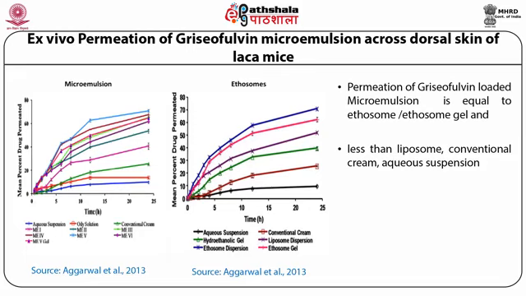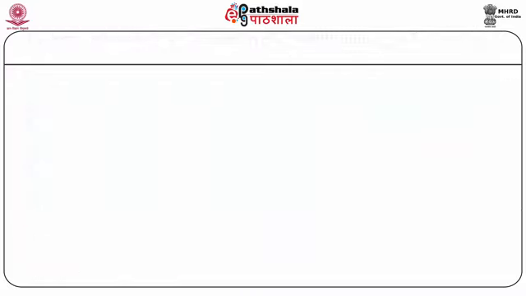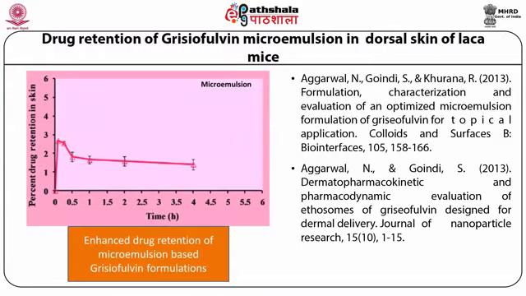The results suggested that microemulsion based formulations show the highest permeation across dorsal skin of laca mice compared with that of aqueous suspension, liposomes, ethosome gel, and ethosome dispersions. The drug retention behavior of Griseofulvin microemulsion in dorsal skin of laca mice also revealed that microemulsion based delivery systems are quite successful because of their high drug retention capacity.